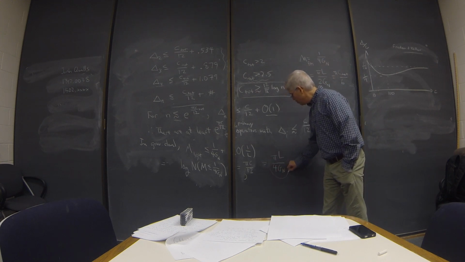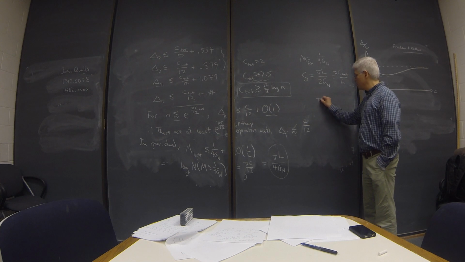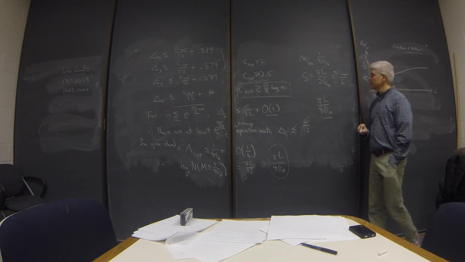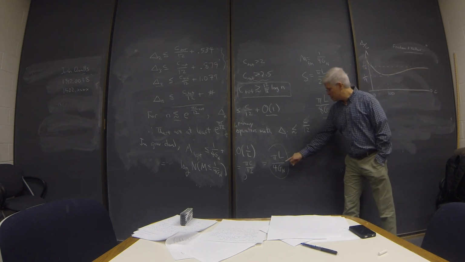So the black hole threshold: the lightest BTZ black hole has mass pi L over 8 G Newton.